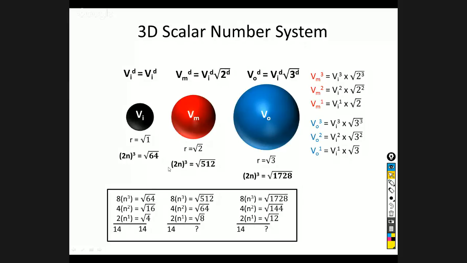But when we substitute the multiples of the square root of 2, then those 8 directions are times that unit, so we get the square root of 8, and then the square root of 64, and the square root of 512, and so on. And in the blue ball, we have that same relationship.